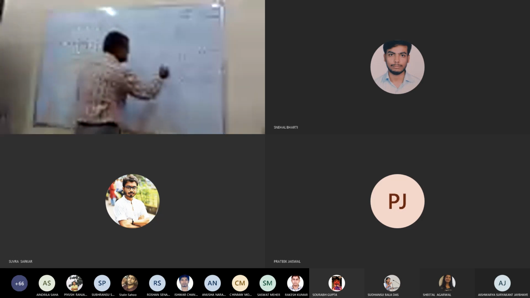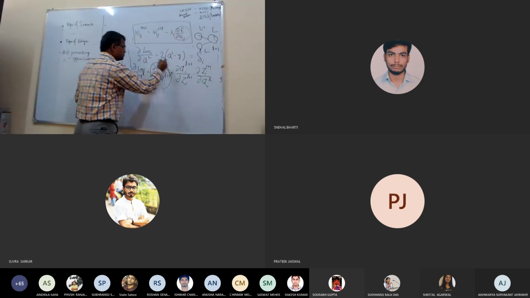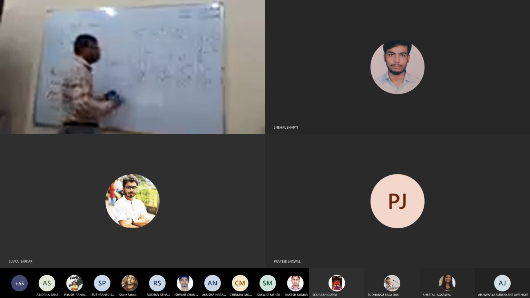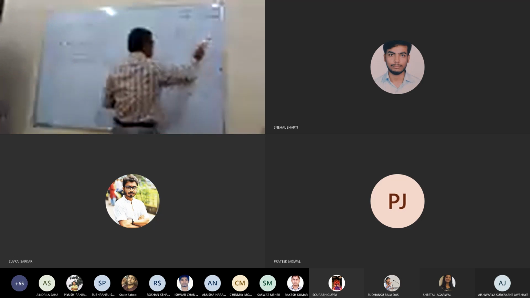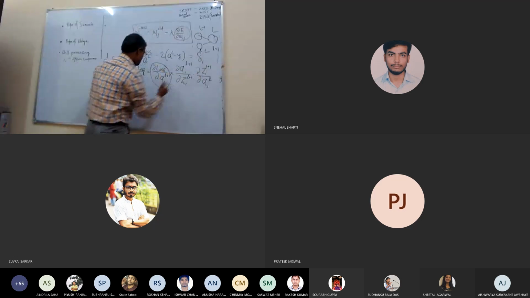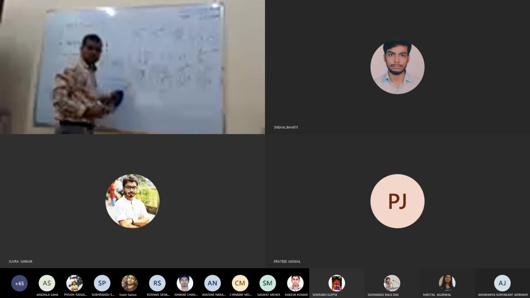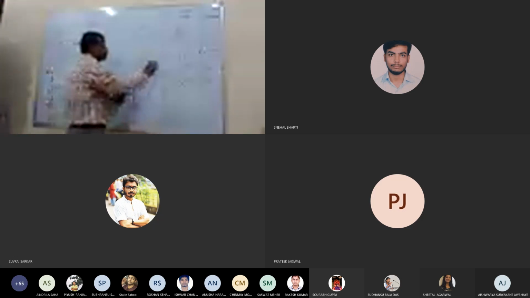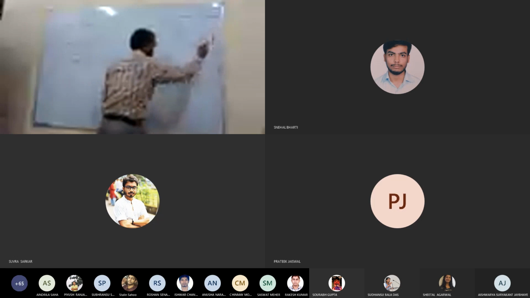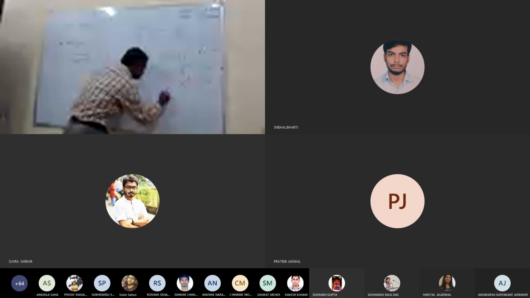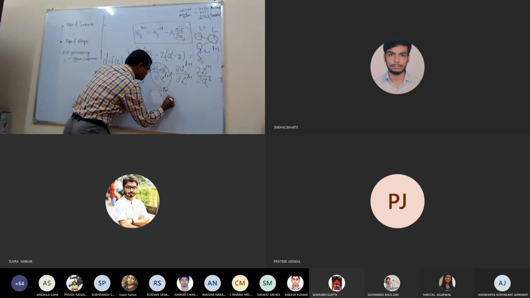What is this one? The previous level we already computed and we got it here, so that is delta loss by delta A_I. We won't write it at L, with respect to this one it is L plus 1.